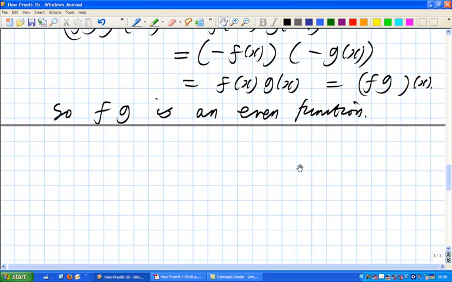And finally, part 3, we're interested in f of g of minus x. So again, f and g are odd.